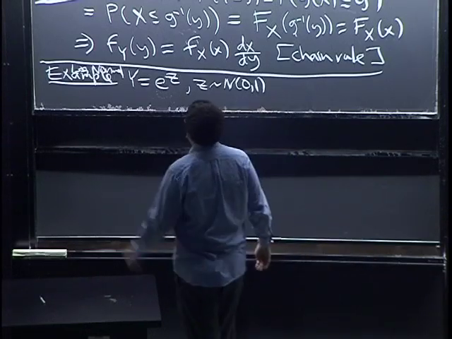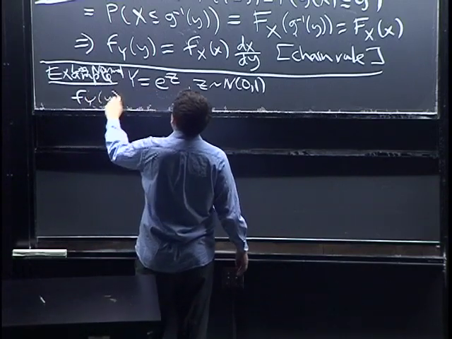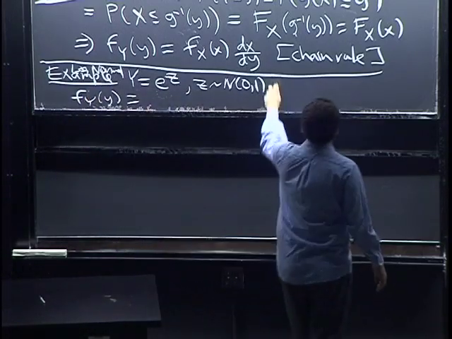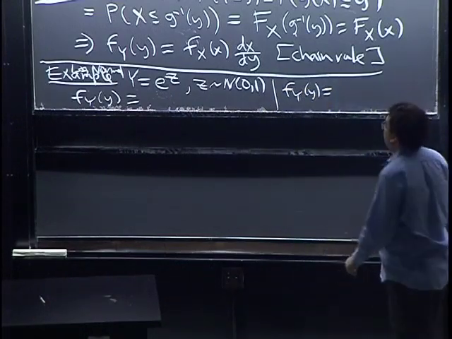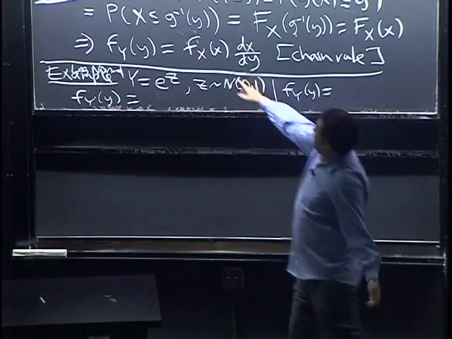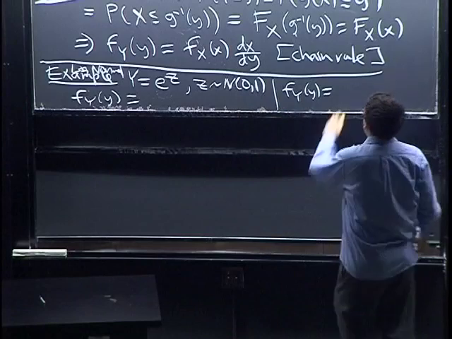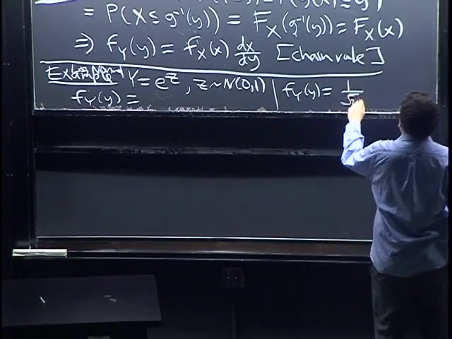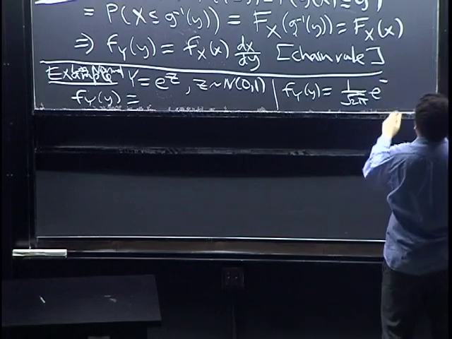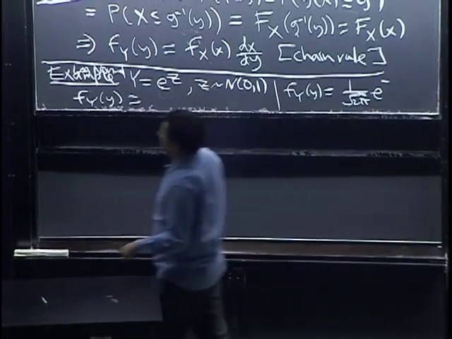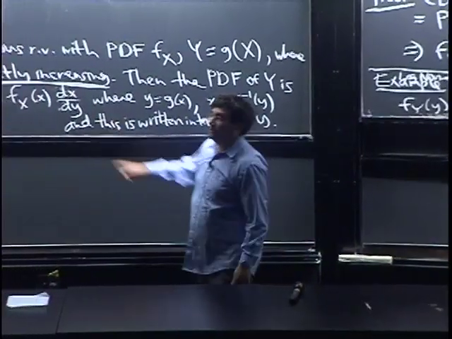And we can therefore immediately write down the PDF, fy of y equals. So I'm just going to write down the standard normal. X is z in this example. 1 over root 2 pi e to the minus z squared over 2, except that we have to express it as a function of y, right?